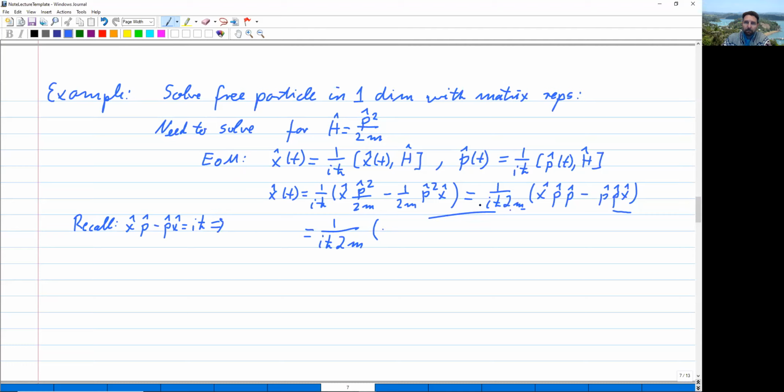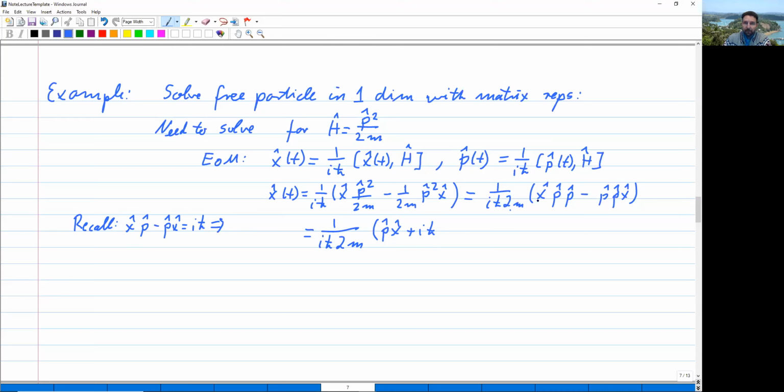So the xp term here. Okay, so let's look at this term xp. This becomes p hat x hat minus iħ. No, plus iħ, right? Because x hat p hat is equal to iħ plus p hat x hat.